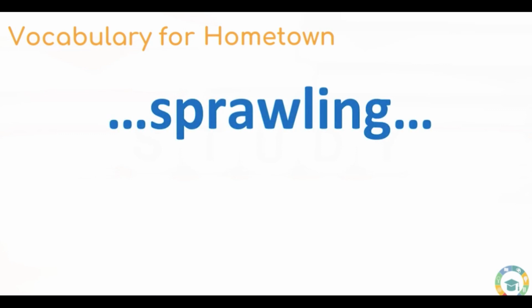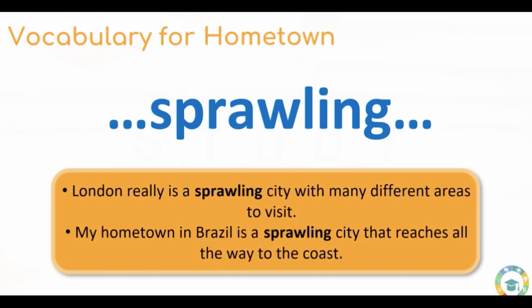And here we have sprawling. Sprawling is used to describe cities that the area of the cities goes on for a very long way. For example, a lot of Asian cities are spread across huge distances. They are sprawling cities. Let's take a look at some examples.